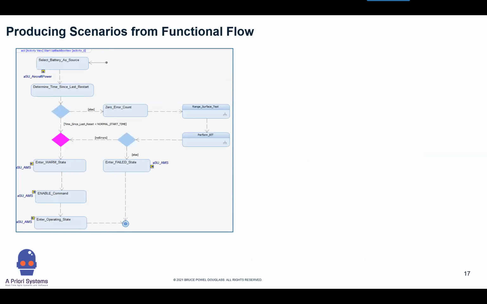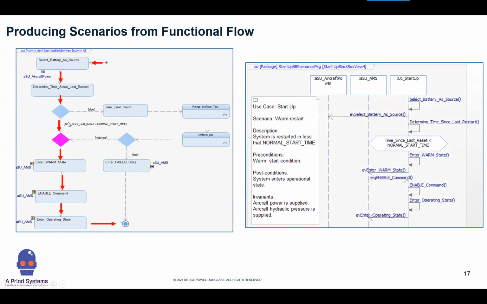So remember I mentioned that we still often start off with a functional flow from which we can deduce scenarios. If we look here, there are some decision points. We can follow one decision point where we take this branch, and this can result in a particular scenario.